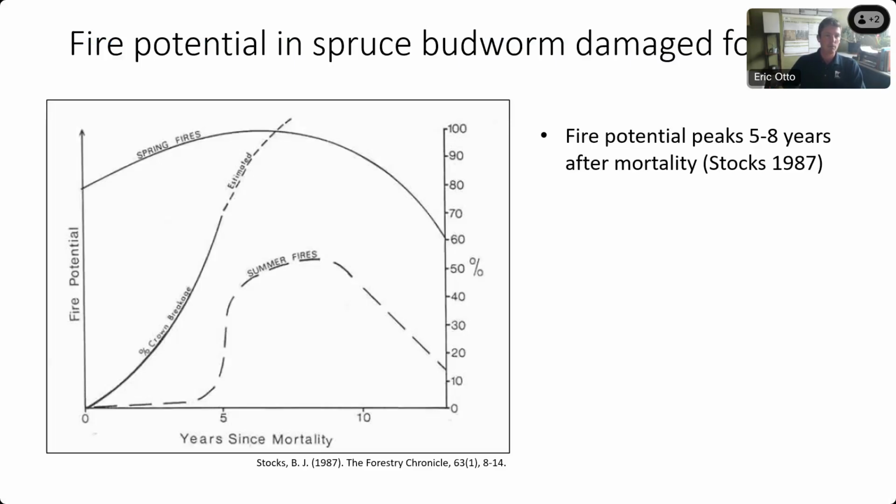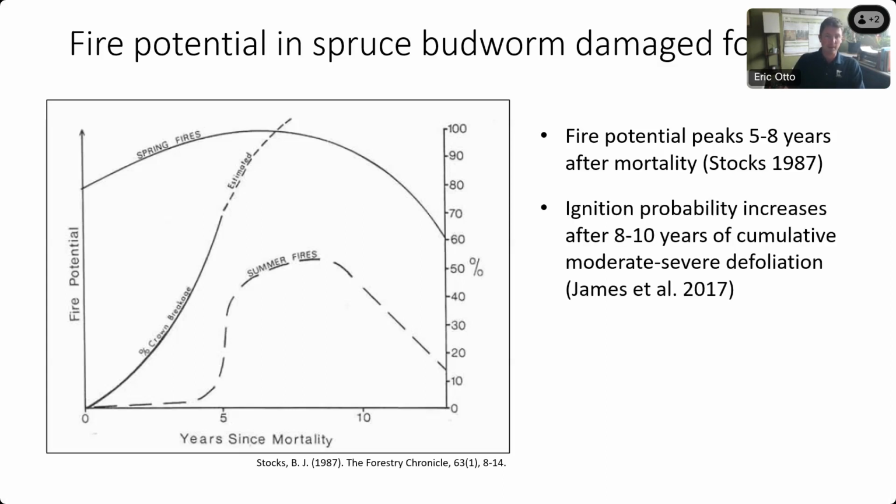And that's mostly due to the production of ladder fuels. Percent crown breakage, as you can see in that graph, peaks in that 5 to 10 year period, and that's going to be higher for spring fires, before green up. You can still have fire potential in summer, but it would be expected to be less because you're going to have more green vegetation.